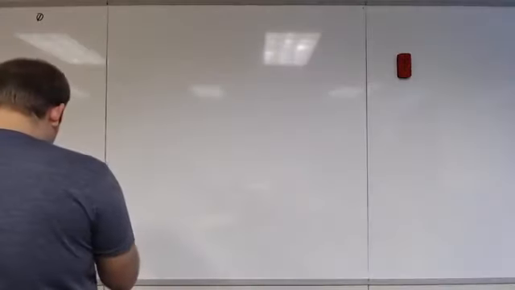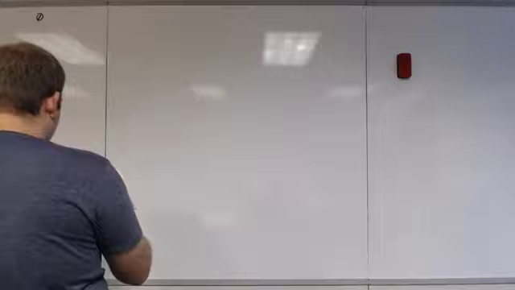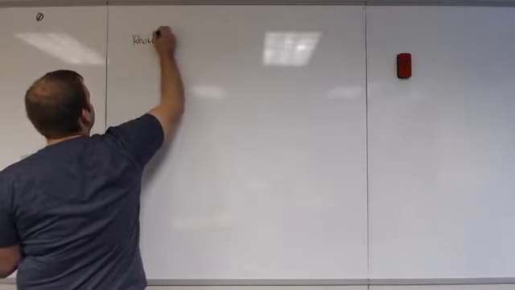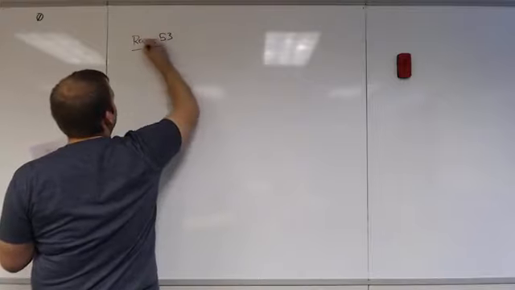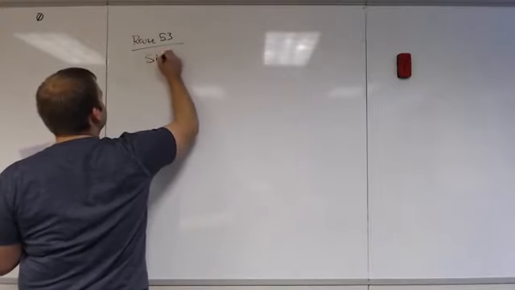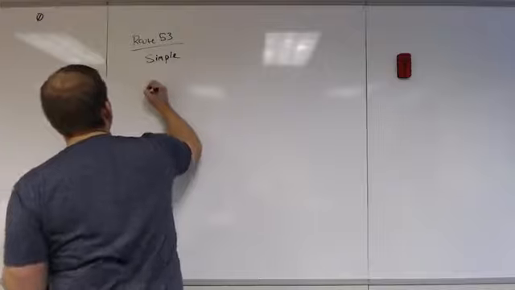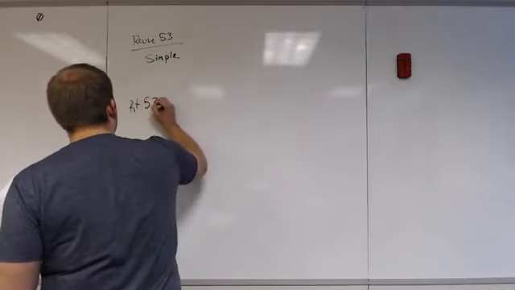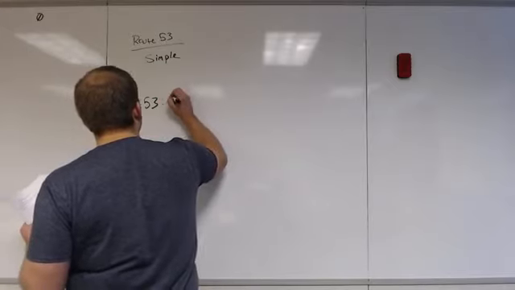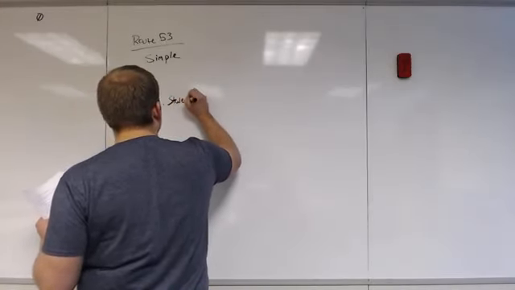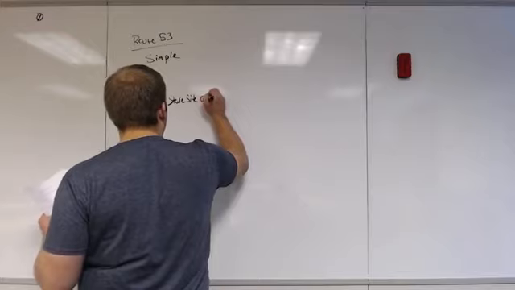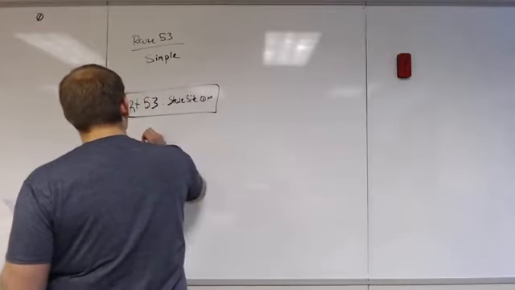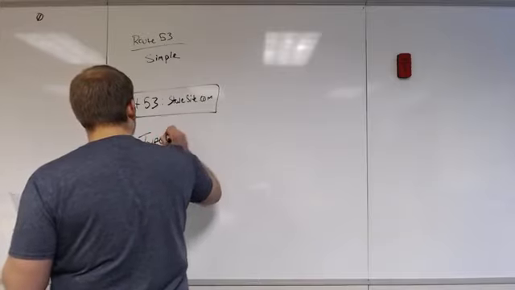All right, so the first type that we'll talk about is simple. And then let's say that I have my Route 53 of stevesite.com, and I'm going to use type simple.